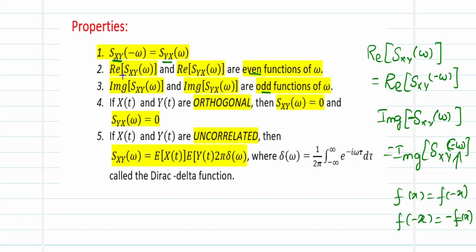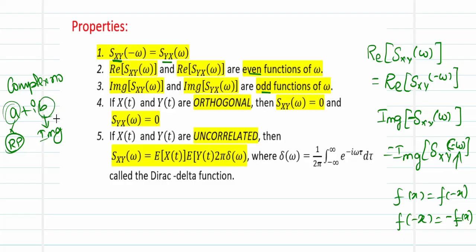And why do we get this real and imaginary part? Whenever we have a complex number of the format a plus ib, a is called the real part and b is called the imaginary part. So the real part will remain an even function, and the imaginary part, which is b, will always remain an odd function.